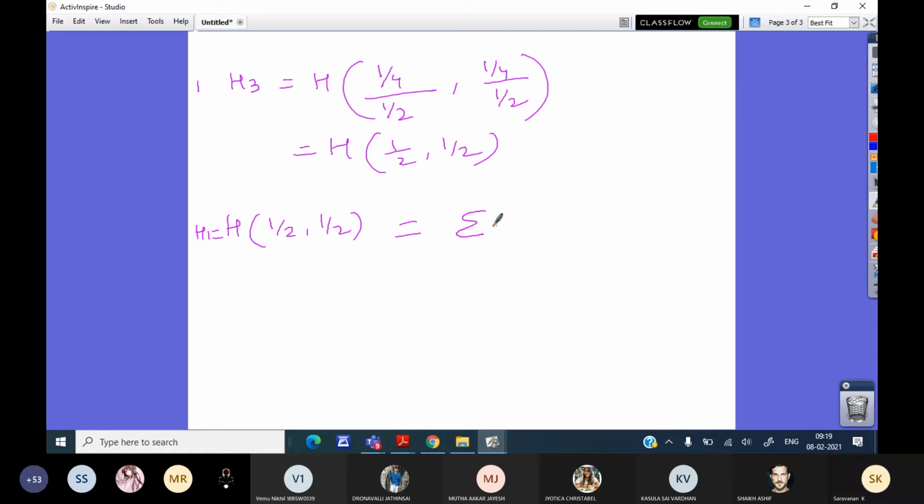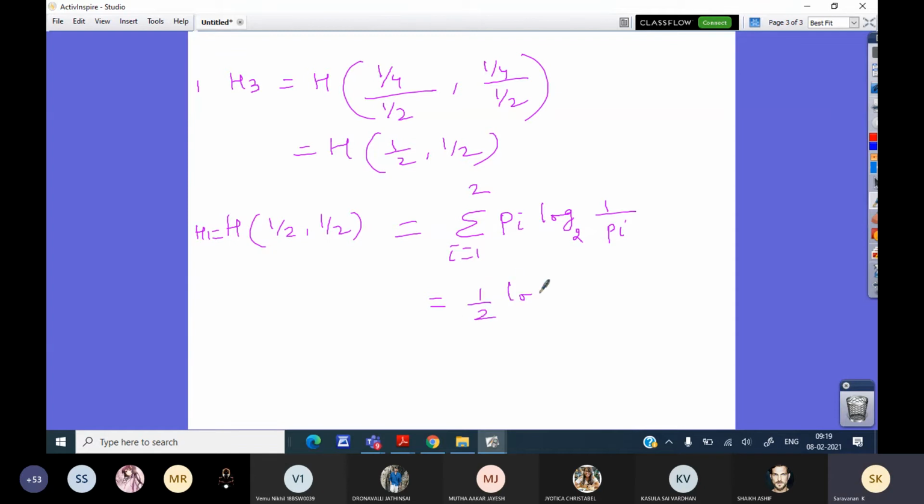Summation of Pi log 1 by Pi. You can take E1, E2 or Pi, no problem. I have only two events, so Pi varies from 1 to 2, with the main event probabilities P1 and P2. The base is 2. Can you substitute and tell me your value?